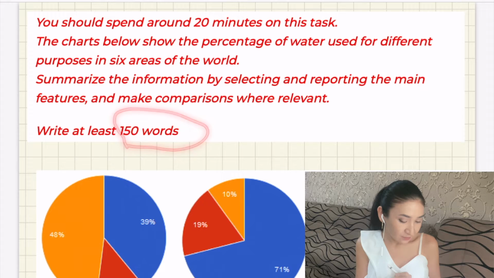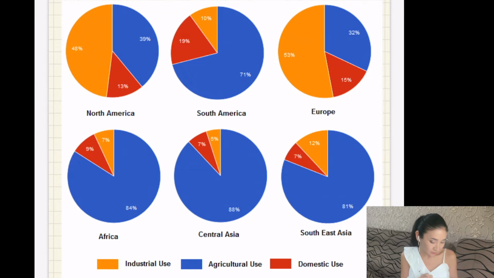So you have 3 pie charts related to 6 different areas: North America, South America, Europe, Africa, Central Asia, Southeast Asia. And you have these water use purposes, which are industrial use, agricultural use, and domestic use.